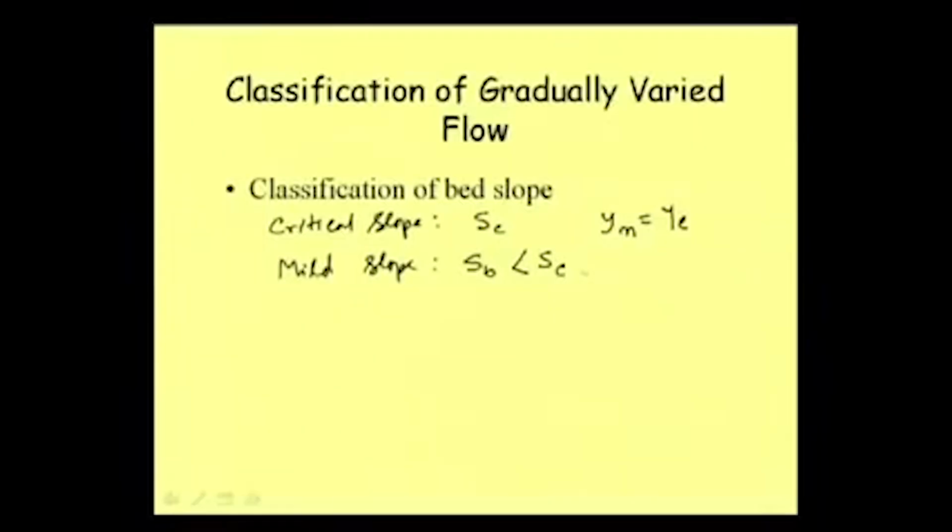Then that slope is called a mild slope, and in a mild slope our uniform flow depth will be greater than the critical flow depth. So, we can write here that Y_n, the normal depth, will be greater than the critical depth.